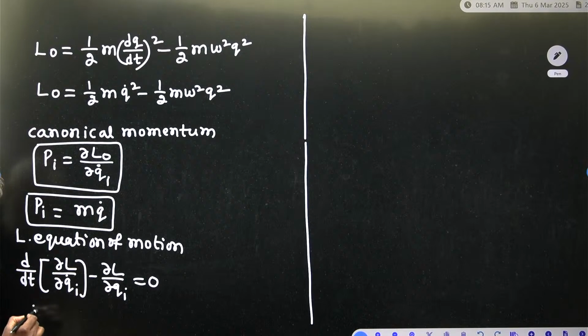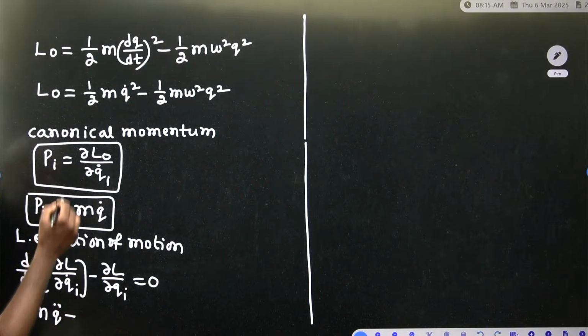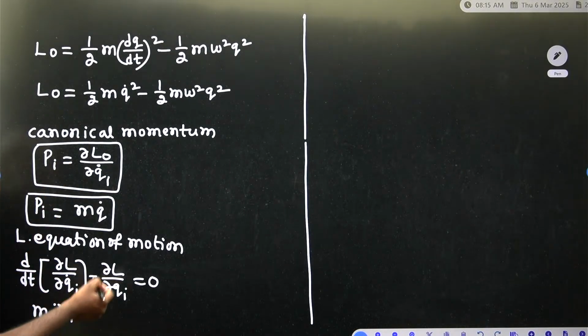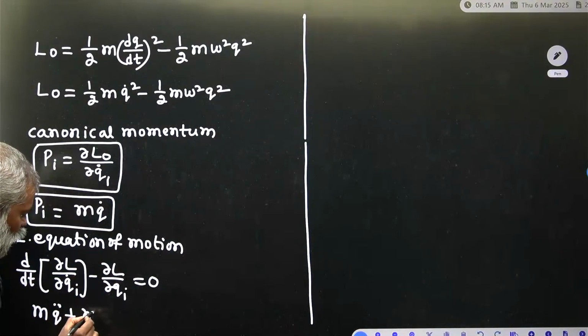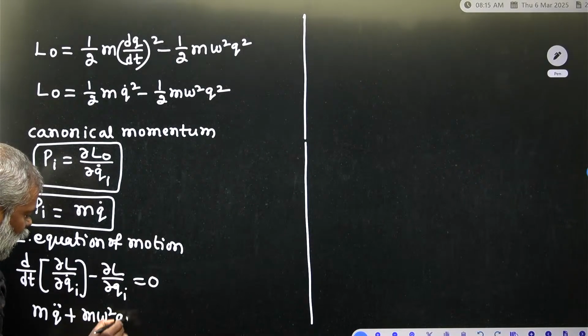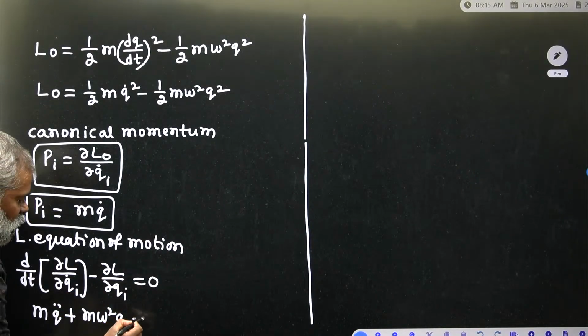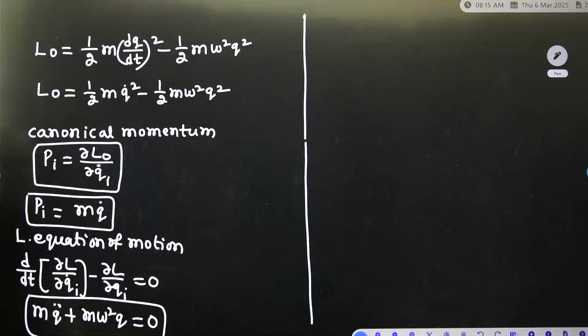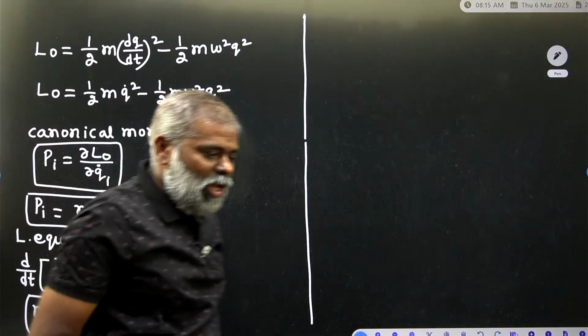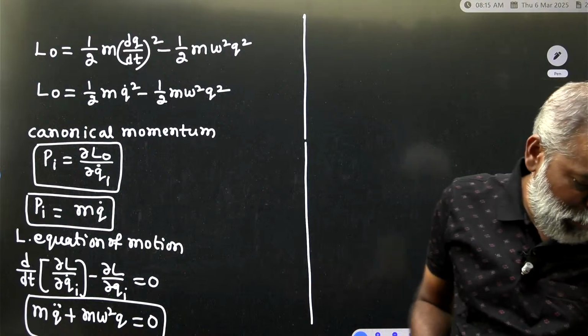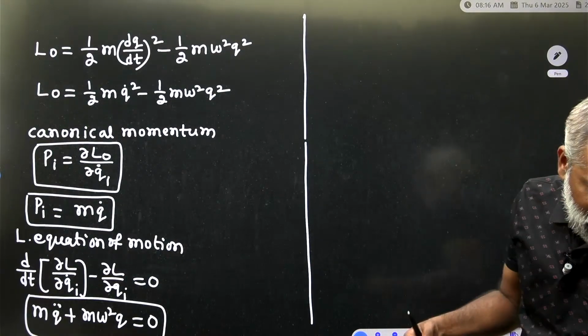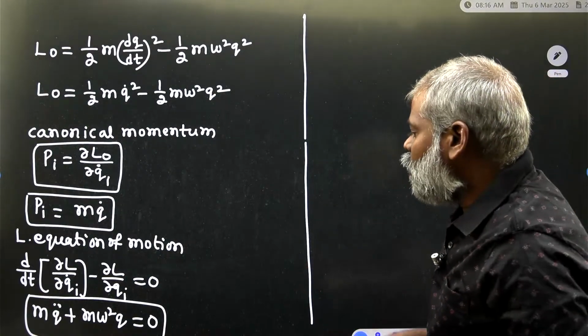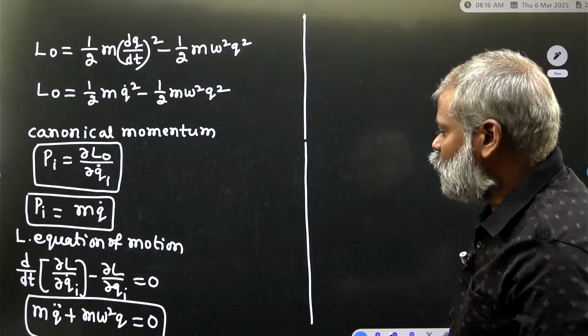So d by dt of dou L by dou qi dot is equal to m q double dot, and minus of minus, plus, dou L by dou qi is equal to m omega square q, so m omega square q is equal to 0. This is the equation of motion corresponding to the Lagrangian.